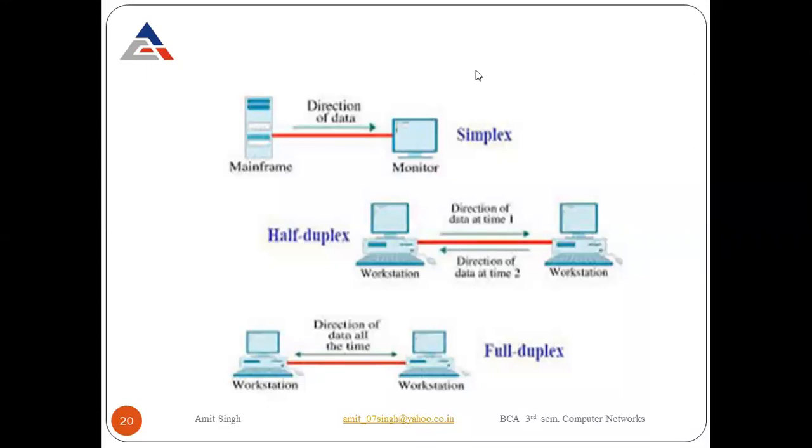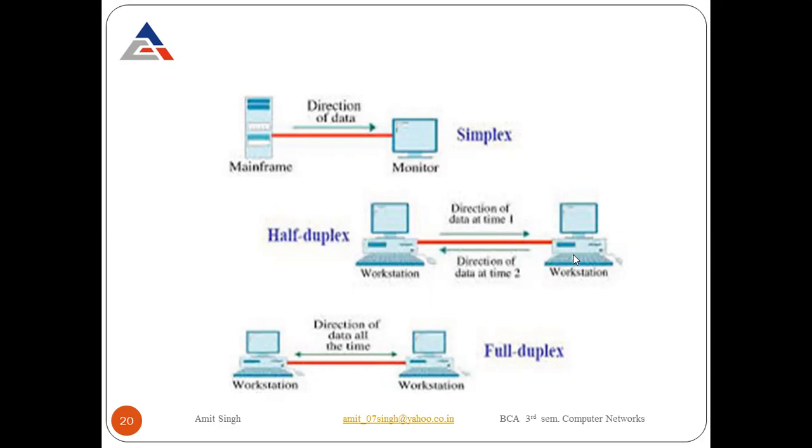Clear? Second, half duplex. Look at there, the half duplex. Workstation means the system. Workstation, direction of data at time t1 is from the first workstation to the second workstation, and downwards, direction of data at time t2, from the second workstation to the first workstation.